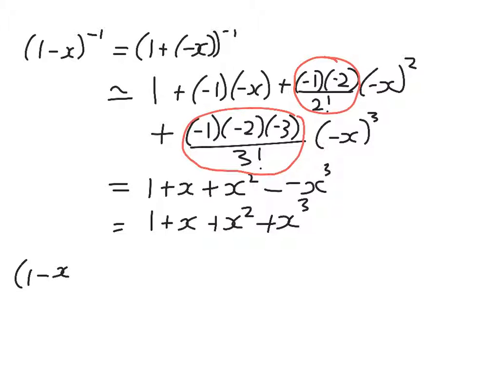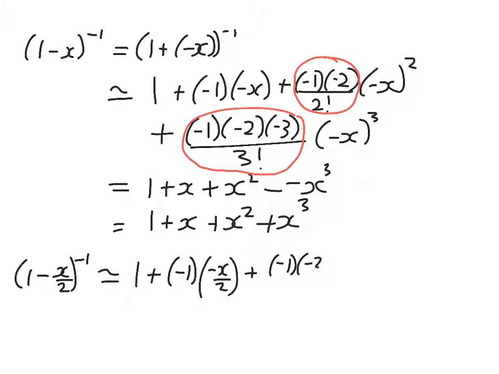1 minus x on 2 to the negative 1. So that's going to give me 1 plus n, negative 1, times negative x on 2. Whoops, 2 factorial in there.